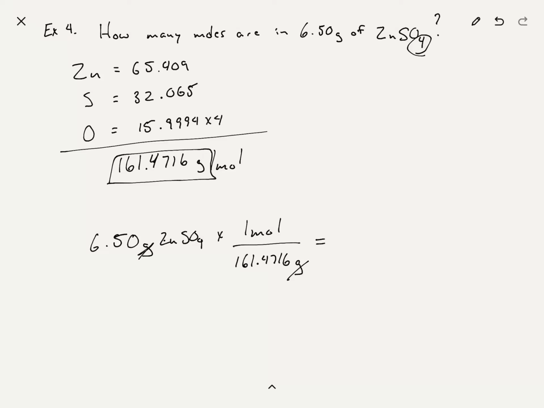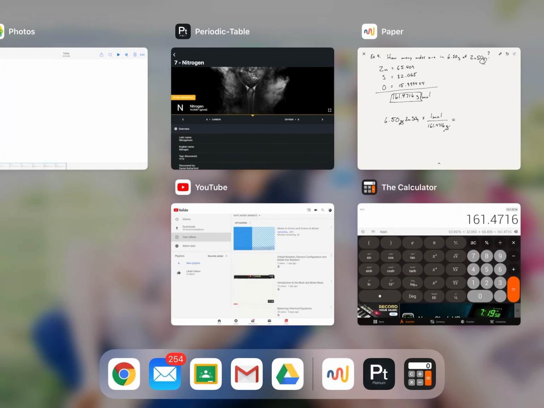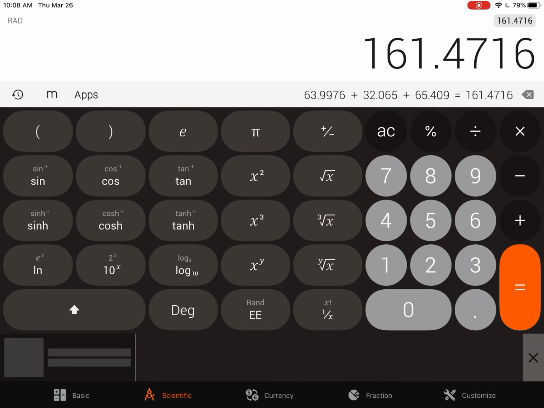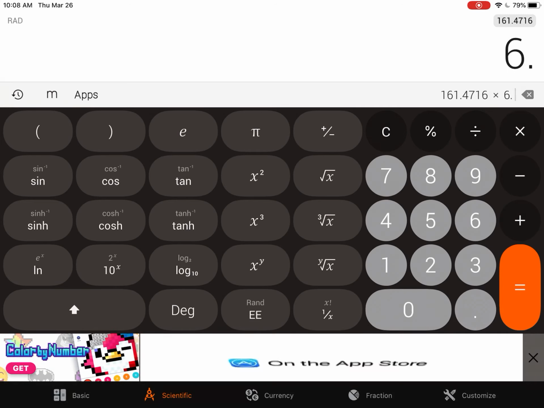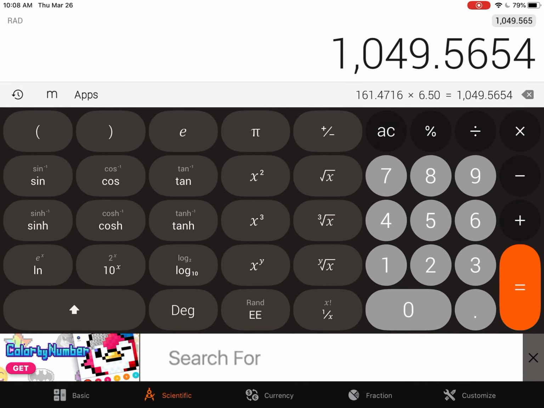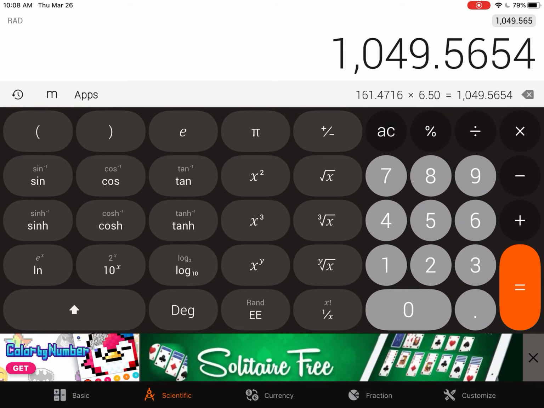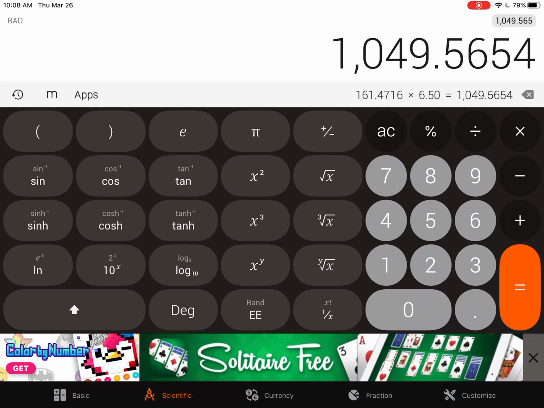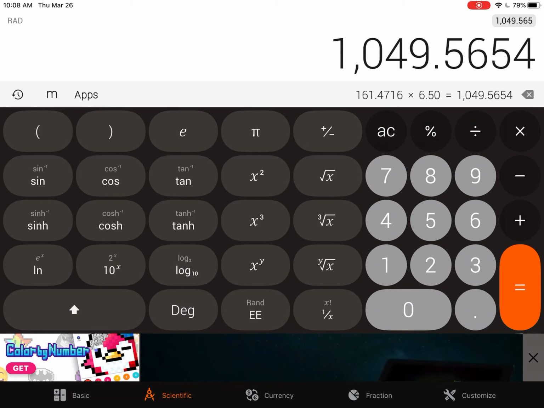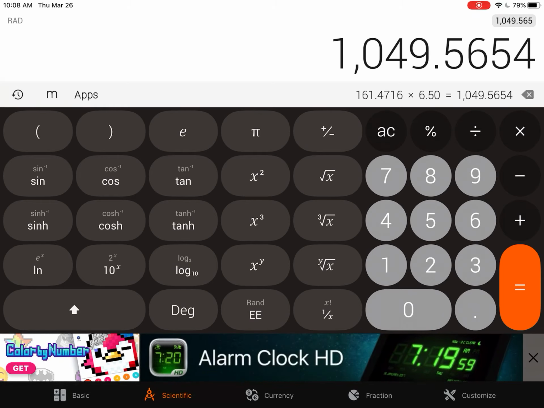So we're going to take our 161.4716 and multiply by 6.50. We get 1,049. We are not going to multiply. I misspoke.